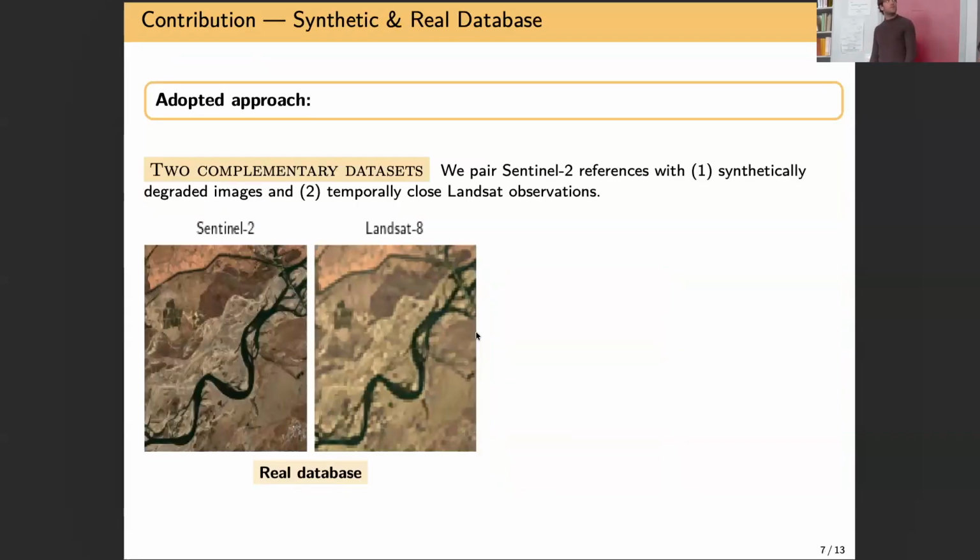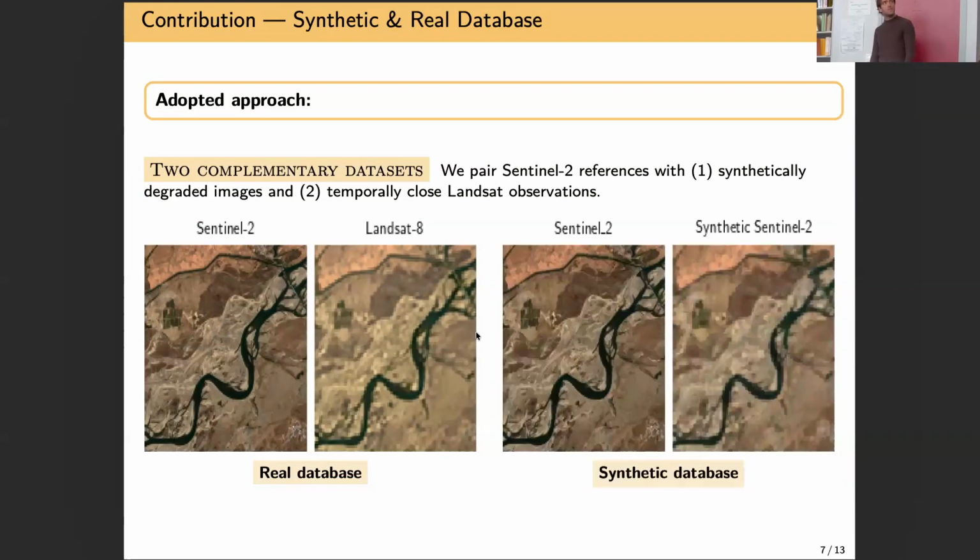As I said, we have a real database, which corresponds to Sentinel-2 and Landsat 8 pairs of images. Secondly, we have a synthetic database that we use to calibrate our method, to see if it works well and if it does not generate incoherent elements during the reconstruction.